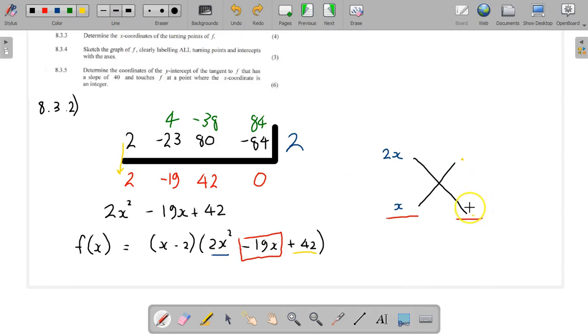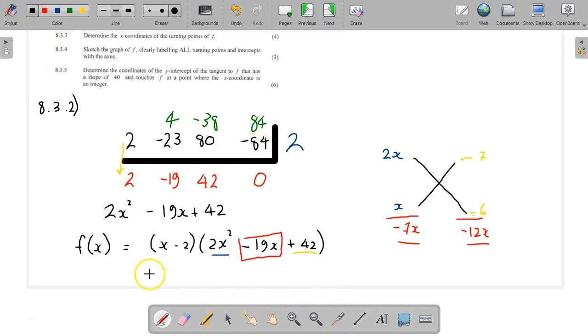If I tried minus 6 and minus 7, I would get minus 7 times x is minus 7x, and 2 times minus 6 would give me minus 12x. Now, if I add minus 7x and minus 12x, that gives me minus 19x. So I know that these are the factors. So the factors will be 2x minus 7 and x minus 6. So that is my answer.